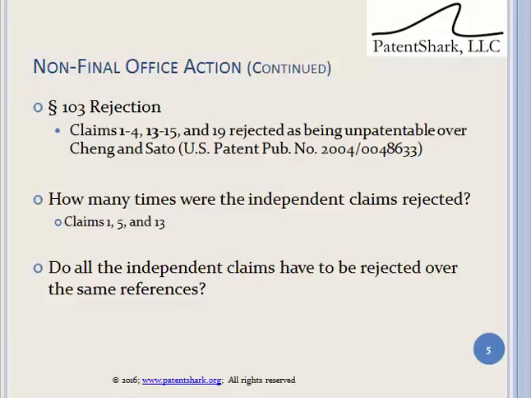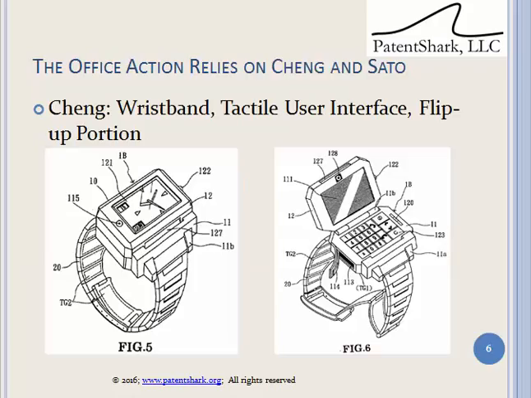Now, after reviewing each of these 4 rejections, let's look at the references. For the sake of simplicity, we will focus our efforts only on the 4th rejection. The 4th rejection involved a combination of the Cheng and Sato references. The Cheng reference was used by the examiner to teach a wristband, a base, the base including the housing, the processor, and the wireless transceiver, a tactile user interface, and a flip-up portion which included the top display and the inside display.